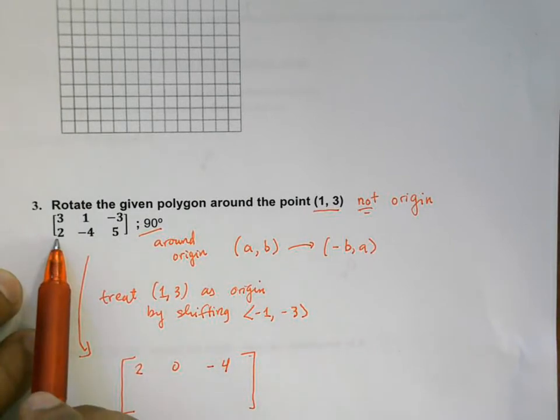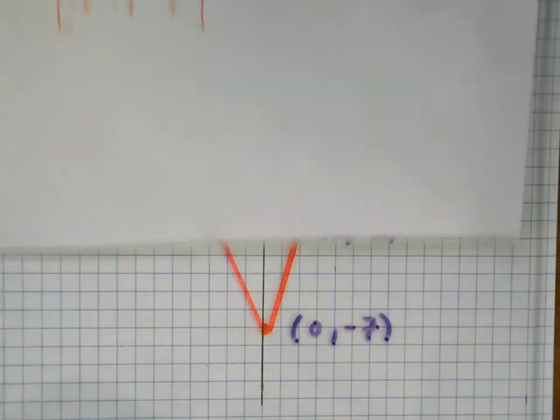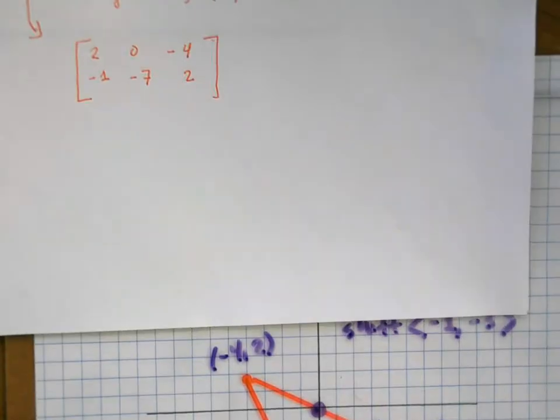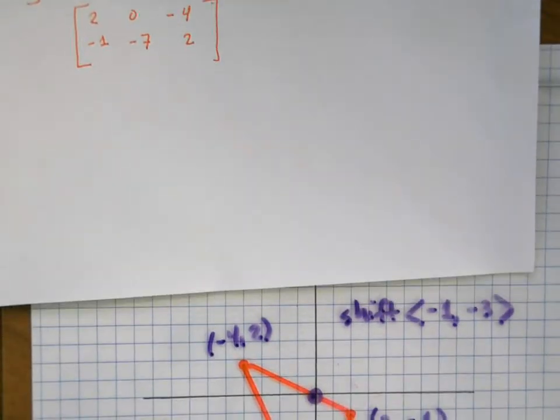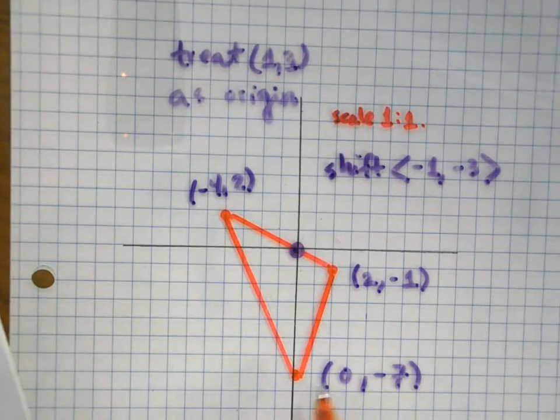And then subtracting 3 from all these numbers down here: -1, -7, and positive 2. So (2, -1). Let's go back to here. (2, -1) is this point. Right? (0, -7) is this point down here.